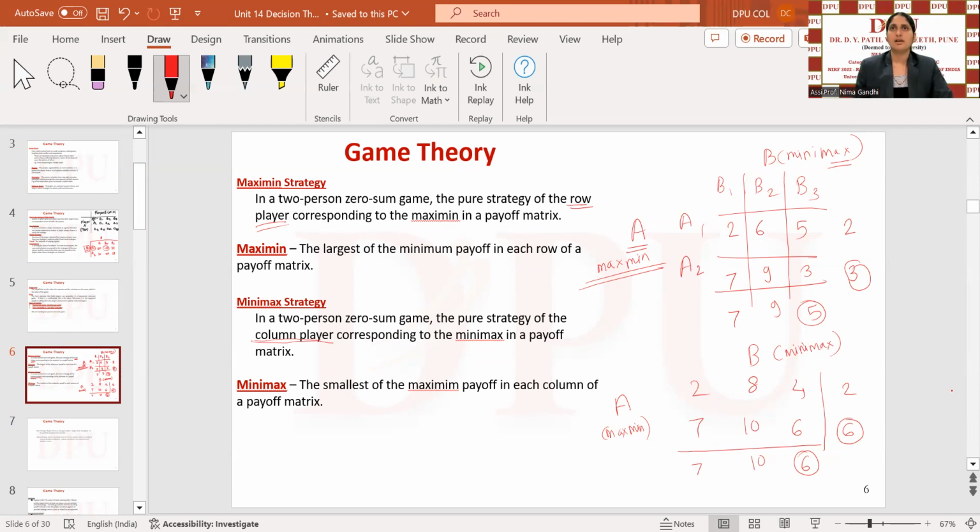If these are your A1, A2, and this is your B1, B2, and B3, the value of the game is 6. So when A chooses strategy A2 and B chooses a single strategy B3, then the value of the game is 6.